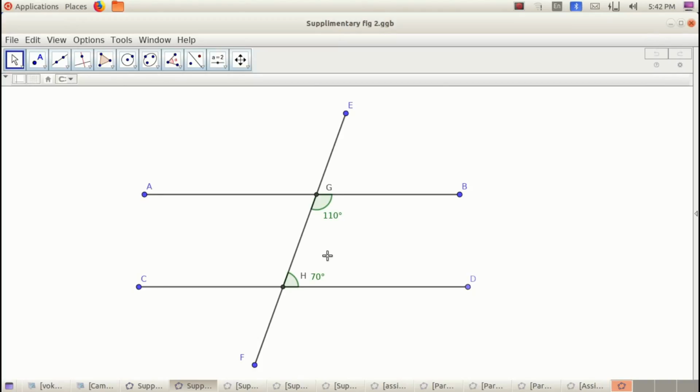We studied this earlier in the 6th standard. And so these two angles are a supplementary pair. Then they lie in between parallel lines and on the same side of the crossing line. And so this pair is called co-interior angles.